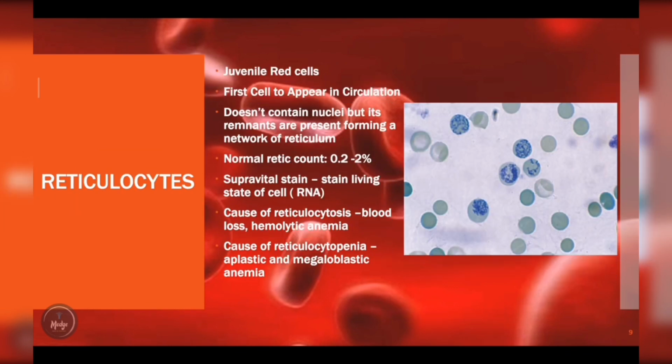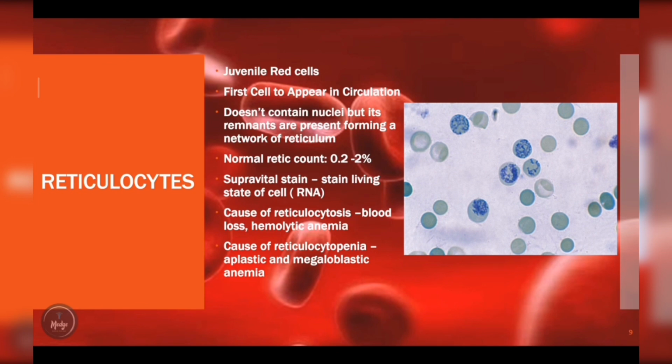So, some information about reticulocytes. It is a juvenile red cell or premature red cell. It is the first cell to appear in blood circulation. It does not have a nucleus, but it has nuclear remnants which form a reticular network containing RNA, and the normal reticulocyte count is 0.2 to 2%.